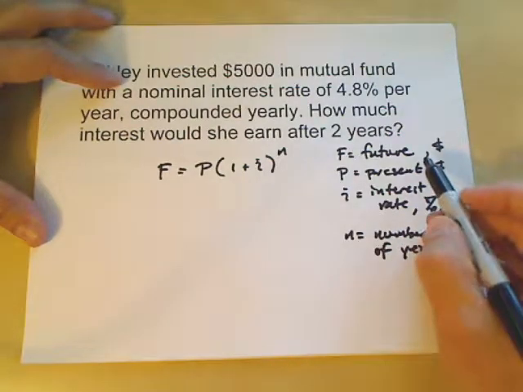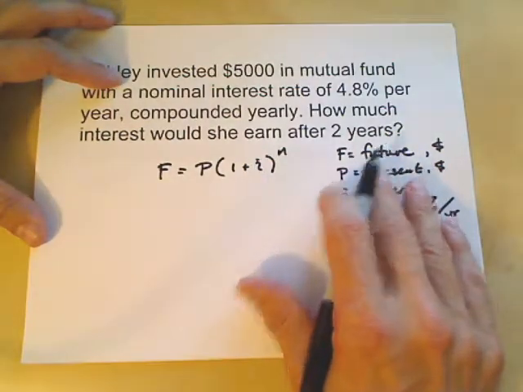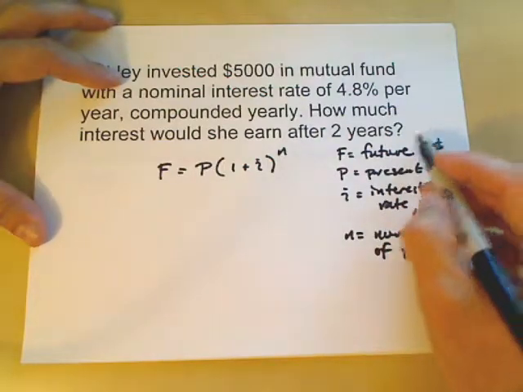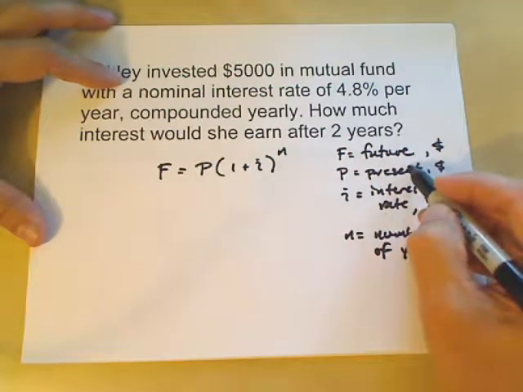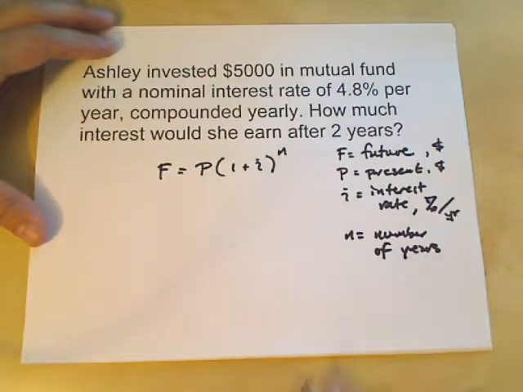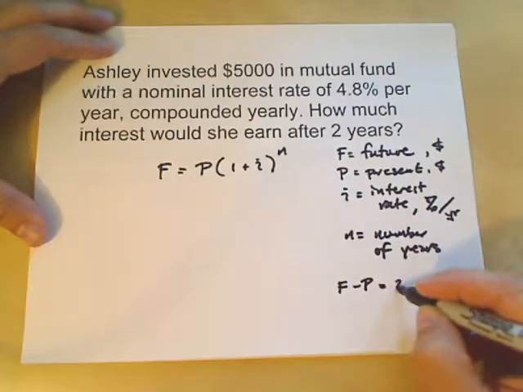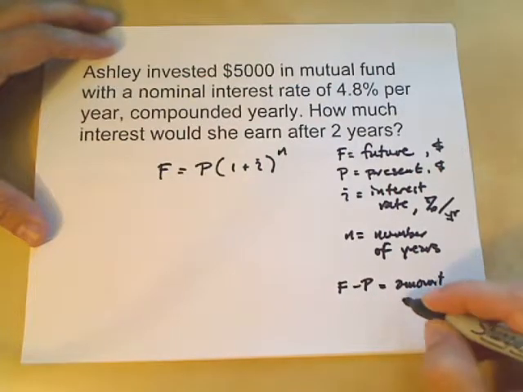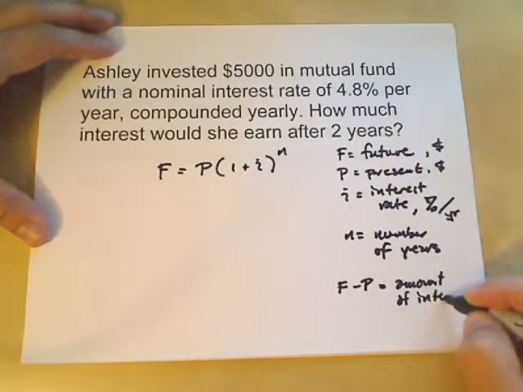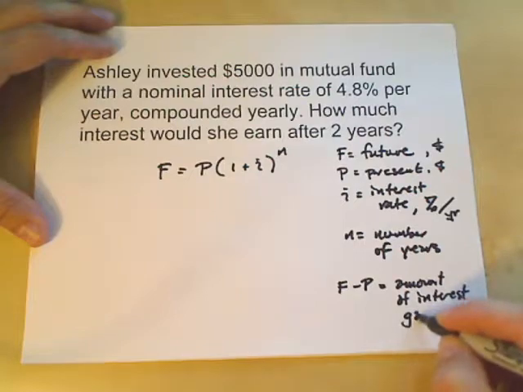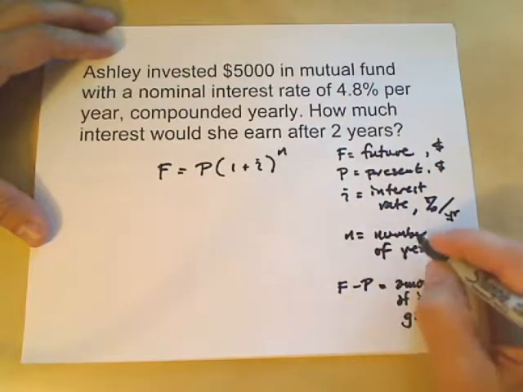You might notice that if you have a bank balance that gains interest, it'll be worth more in the future than in the present. So the amount of interest that you collect, F minus P, equals the amount of interest gained over this time period.